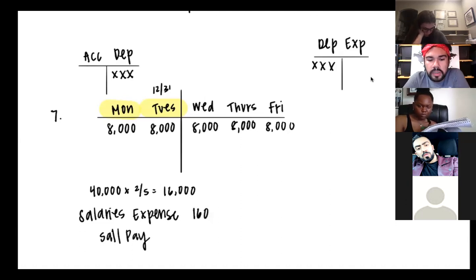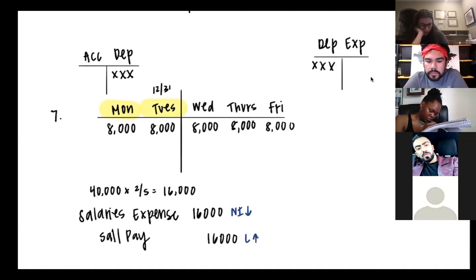So can someone tell me which accounts are being affected? Net income is affected and liabilities. So since we don't have any assets here, assets are automatically no effect.